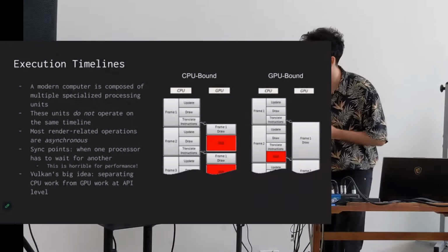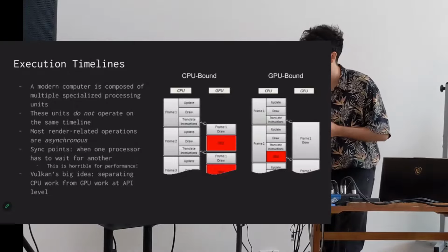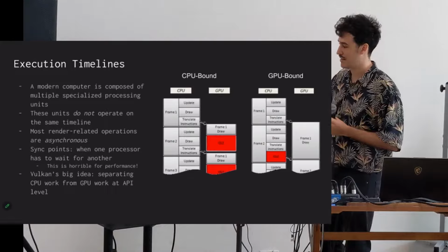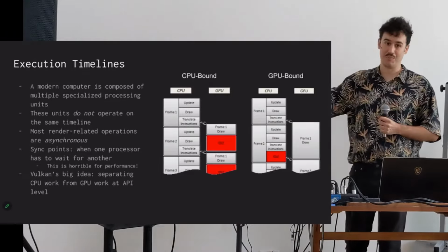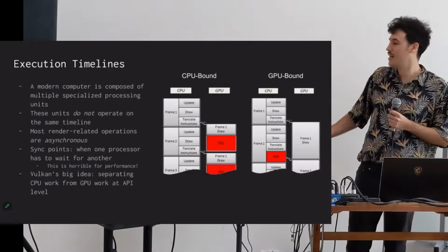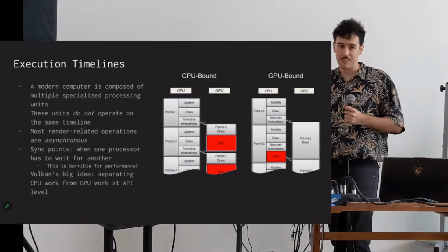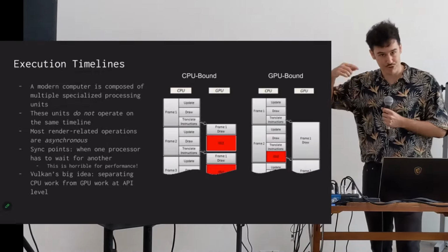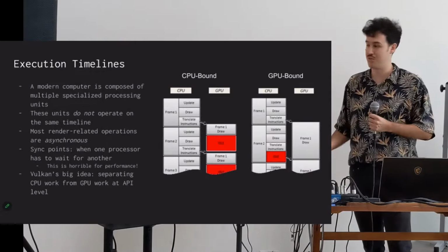And maybe the GPU finishes rendering halfway into the CPU updating the next frame. That means that the GPU is just sitting there. It has nothing to do until the CPU tells it to do more stuff, right? So that is what we would call CPU-bound code. That means that the GPU is finishing its work much earlier than the CPU is finishing its work.